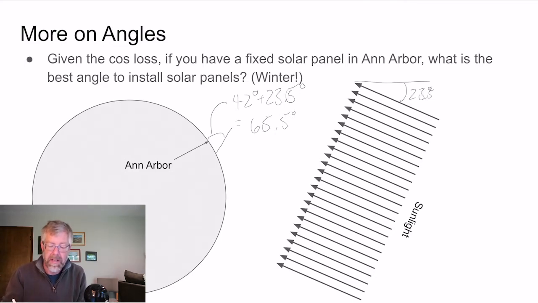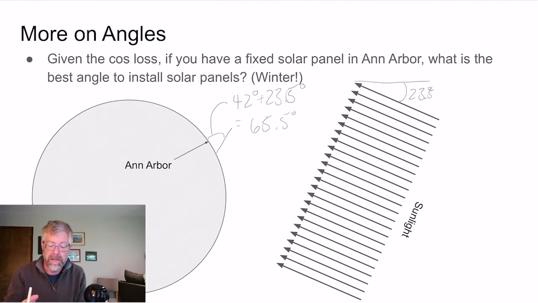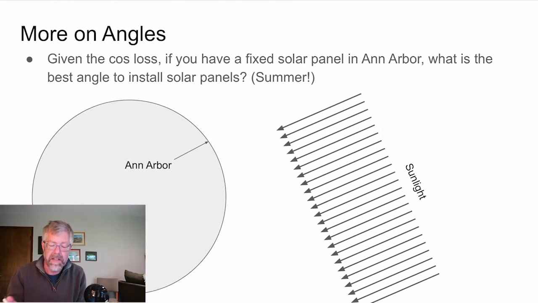And that is the peak for the winter solstice. A lot of people end up just leaving their solar panels at the equinox conditions, but you can tilt them up a little bit more if you wanted to. And then let's say that this is now summer conditions, and you have 42 degrees once again.